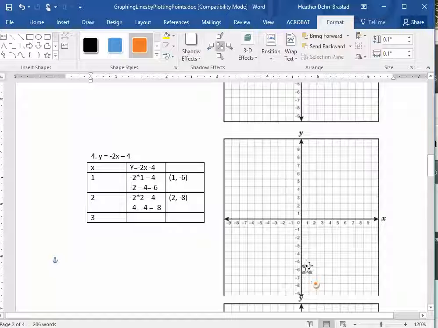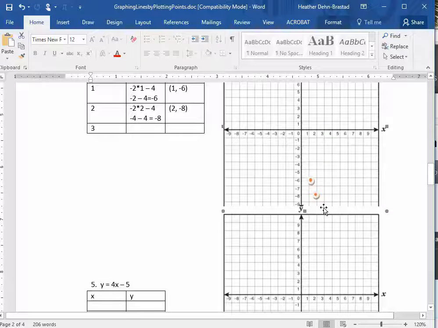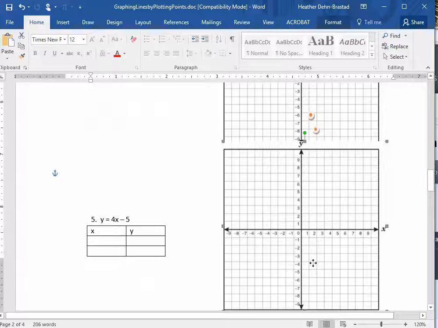Move over just a little bit. So that's okay. Now I can already tell that my next point is going to be quite low. I think it'll be negative 10, and this graph is covering it up a little bit. Move down a little bit and it won't go down, will it?